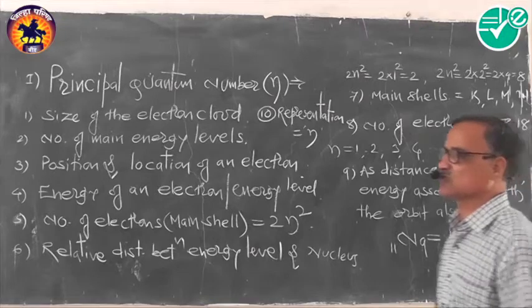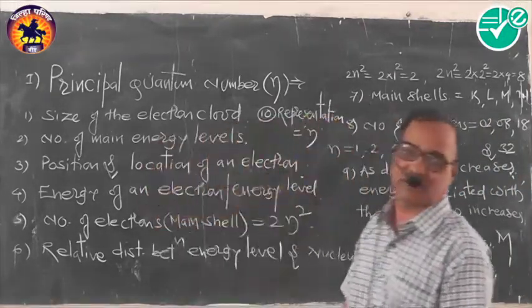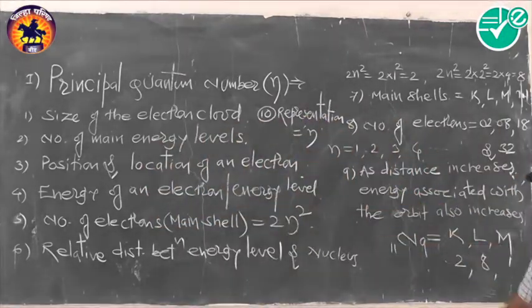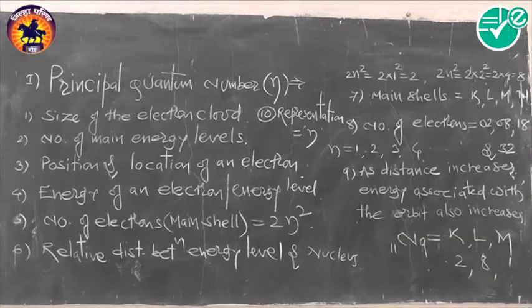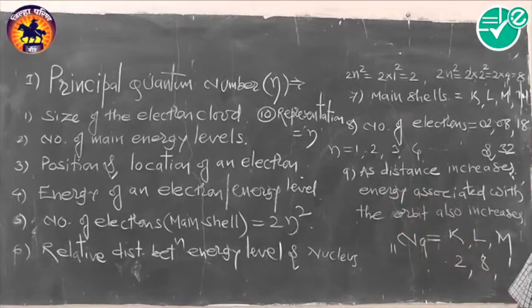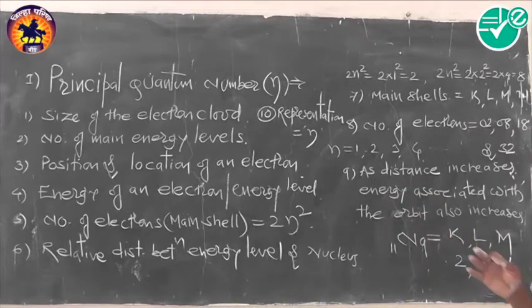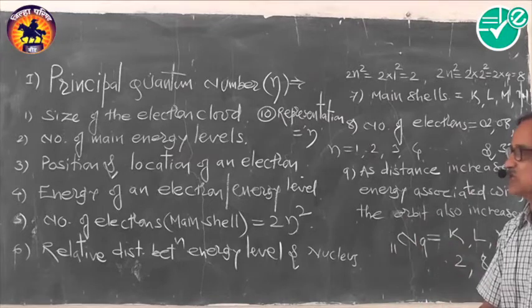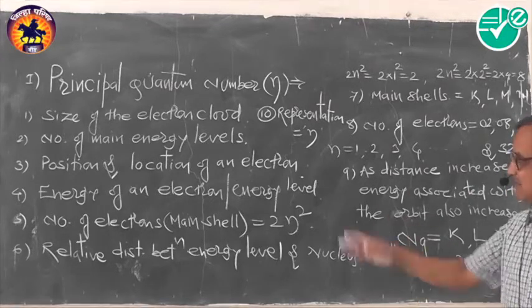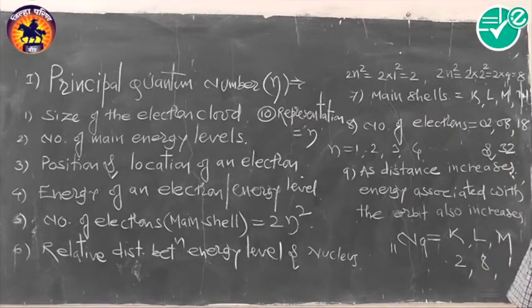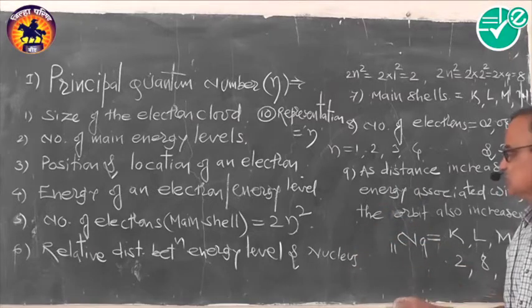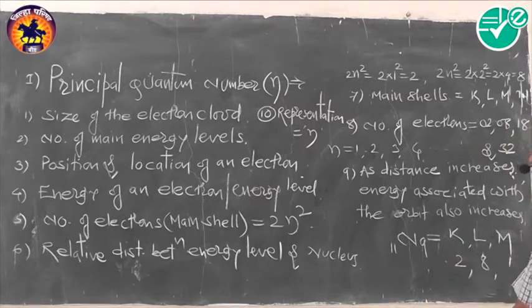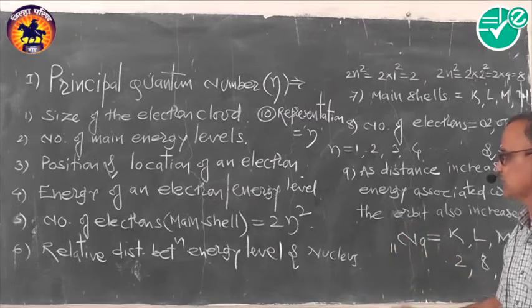In short, I am going to summarize this principal quantum number in the form of characters or special features. The first character: the principal quantum number gives the size of the electron cloud. Second, it gives the number of main energy levels present in the atom of an element. Third, it gives the exact location or position of an electron around the nucleus.